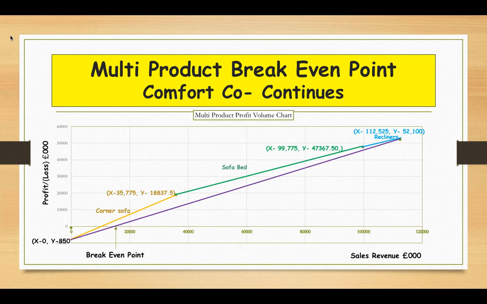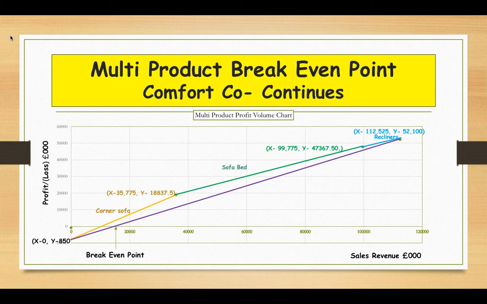And finally, the company is going to sell the recliner sofas. So the coordinates for the recliner sofas will be, on the x-axis, 112,525,000, and on the y-axis, 52,100,000.